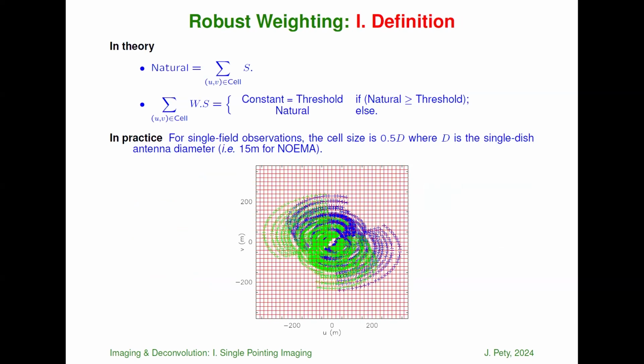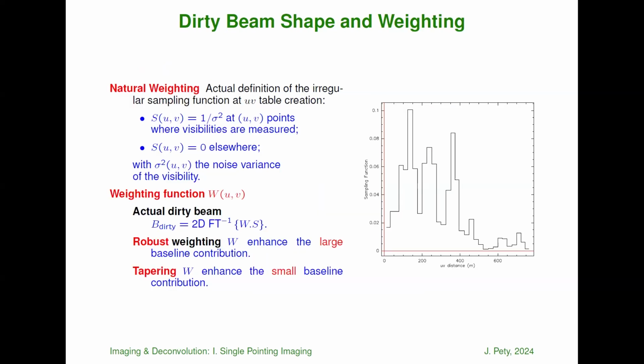What you can do, there are two possibilities. Wait, because I've just changed the sampling function. Before I was telling you that it's 1, and now I'm telling you that it's 1 divided by the variance of the noise. This is a mathematical transform, and it ensures that you have the highest signal to noise ratio in your image.